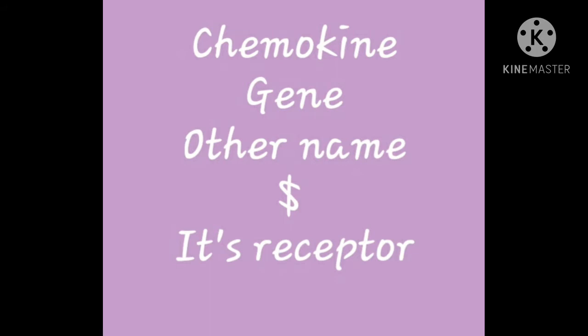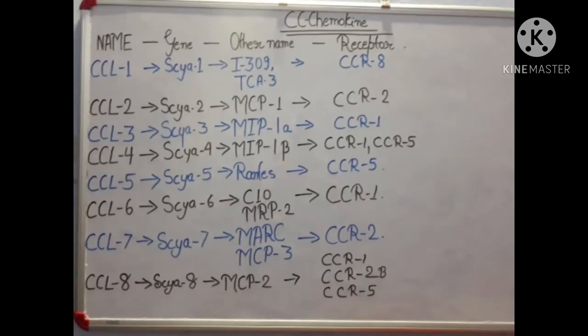Welcome guys. Today we will discuss all chemokine receptors, that means CCL1 to CCL28 receptors, and along with it I will talk about other names of these chemokines and the gene of each chemokine.